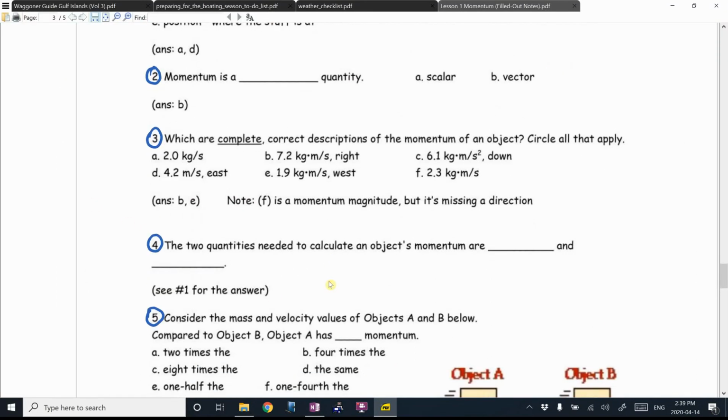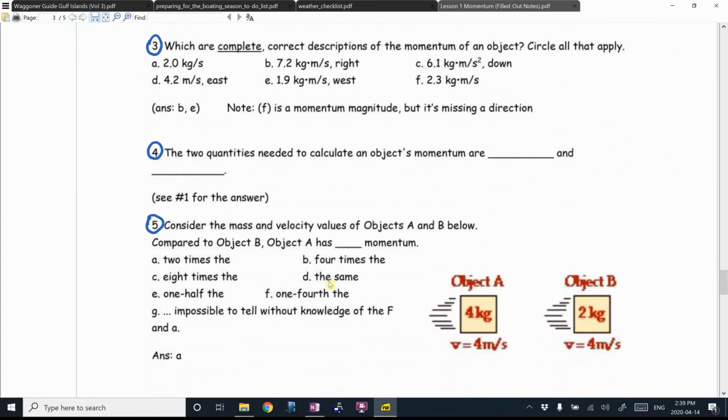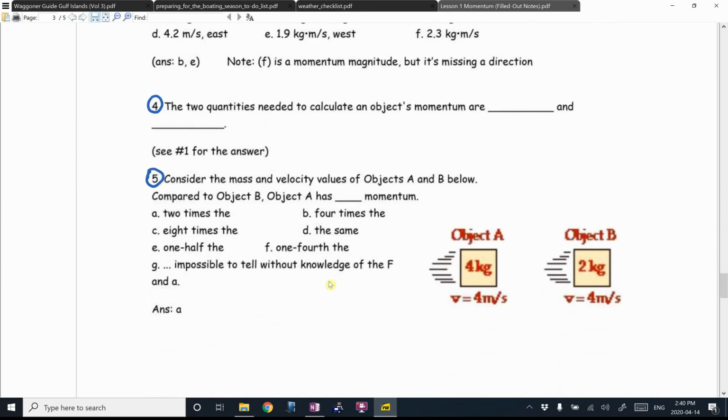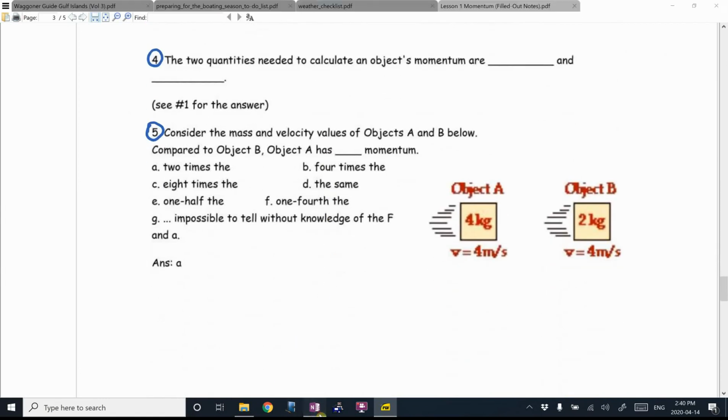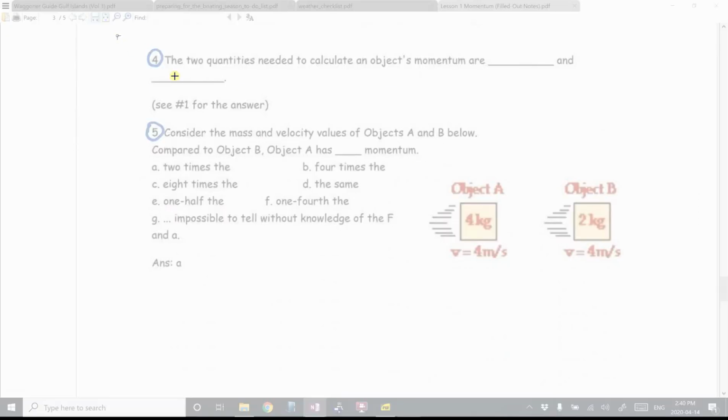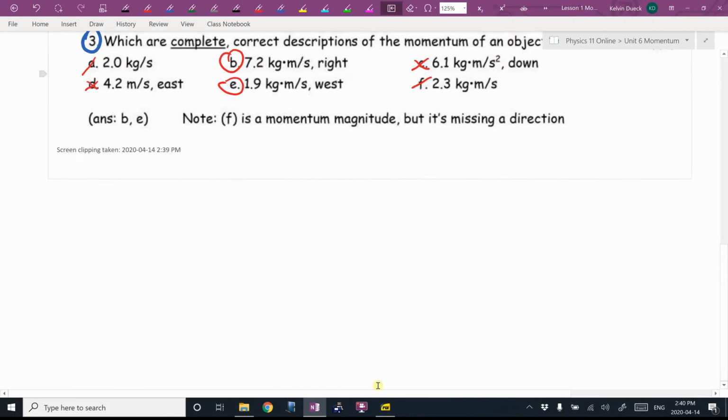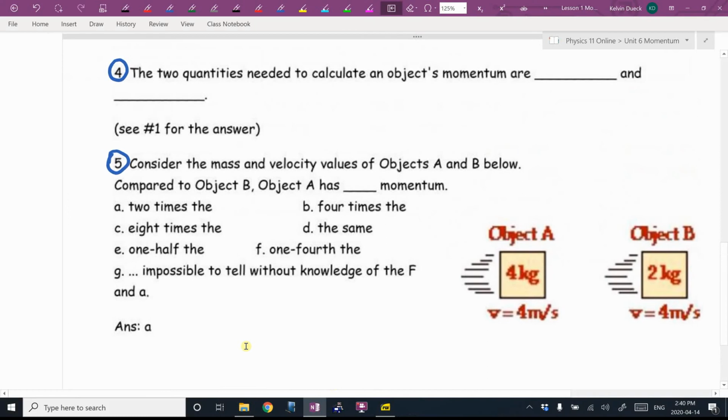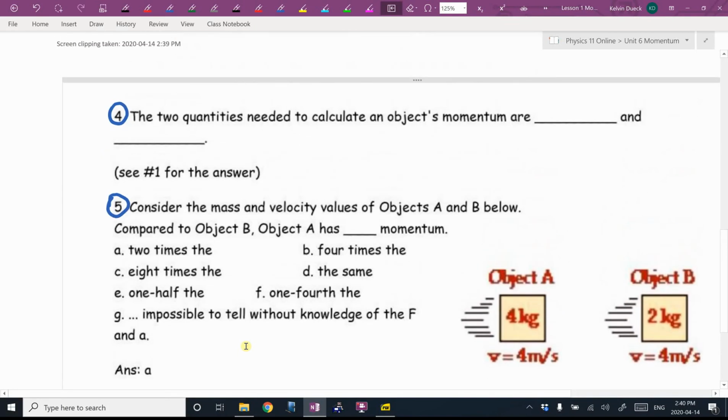Number four, the two quantities needed to calculate an object's momentum are, you know what, let's copy both of these questions at once, Mr. Dueck, 4 and 5. So the two quantities needed to calculate an object's momentum are the object's mass and the object's velocity.